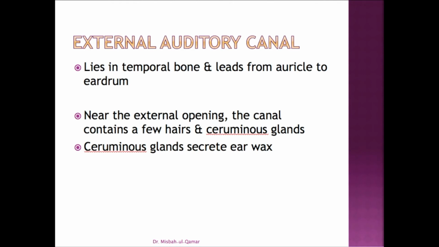Near the external opening, the canal contains a few hairs and the ceruminous glands. These ceruminous glands secrete ear wax. Regarding function, the combination of hair and this cerumen helps prevent dust and foreign objects from entering the ear.